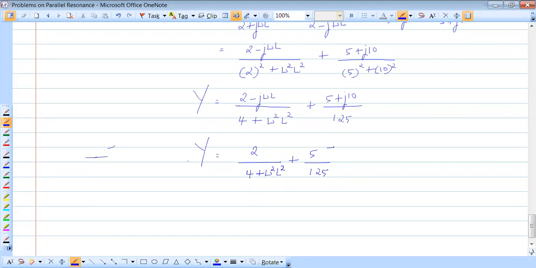So this is the real part. Keep this as A. Plus j, what do you have here? Plus j is 10 by 125 minus omega L divided by 4 plus omega square L square.